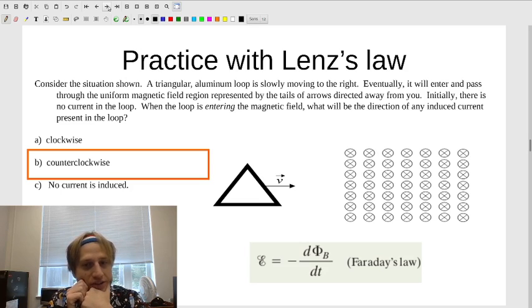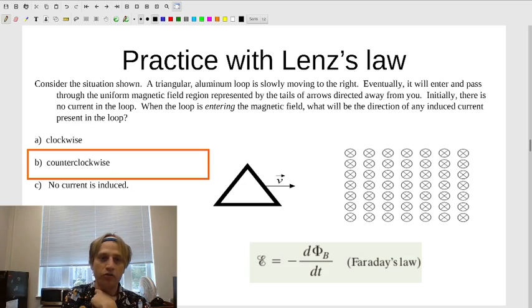So let's think about a situation here. It says, consider the situation below. A triangular aluminum loop is slowly moving to the right. Eventually, it will enter and pass through the uniform magnetic field region represented by the tails of the arrows directed away from you. So this is a B field. Initially, there is no current in the loop.